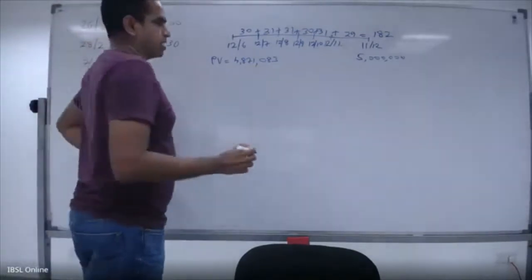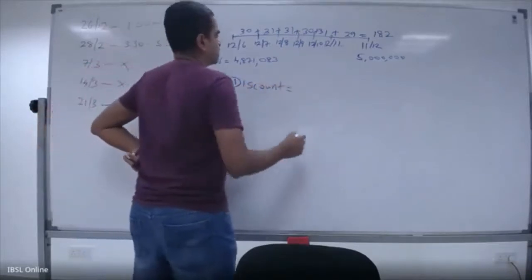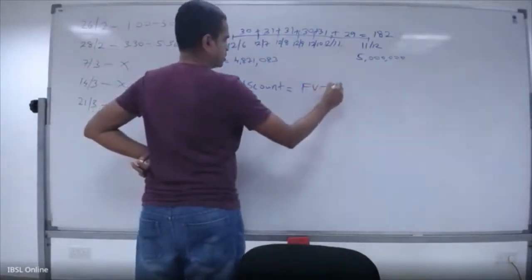So the discount the bank received, discount is the face value minus the present value.